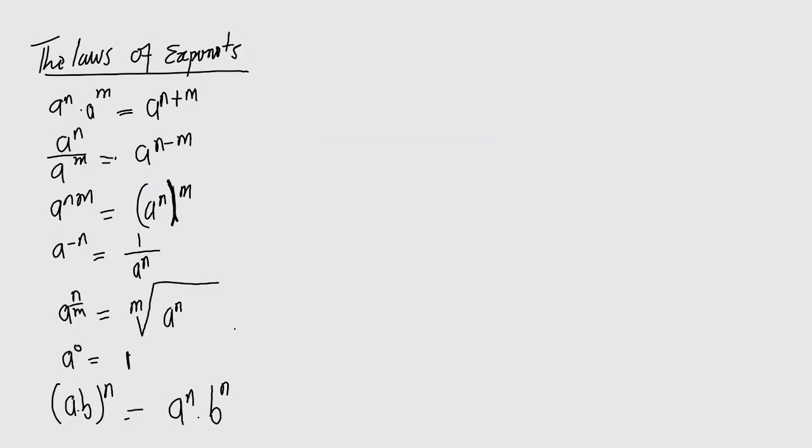The first thing here is that we have the same base. When we have the same base and we multiply, where this dot stands for multiplication, we are saying a to the power n multiplied by a to the power m equals a to the power n plus m.